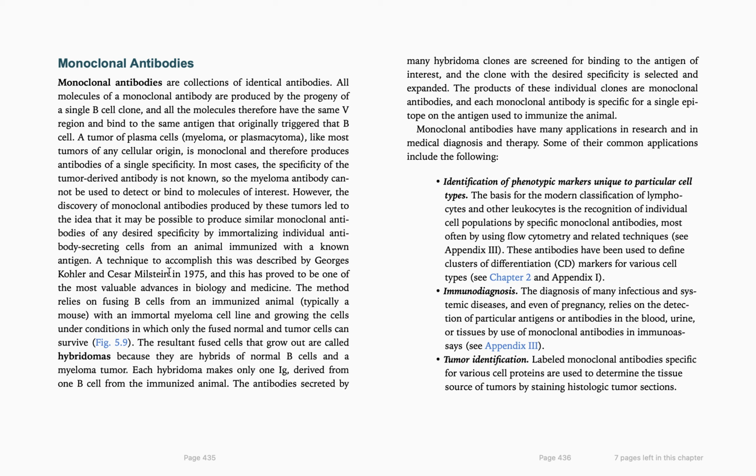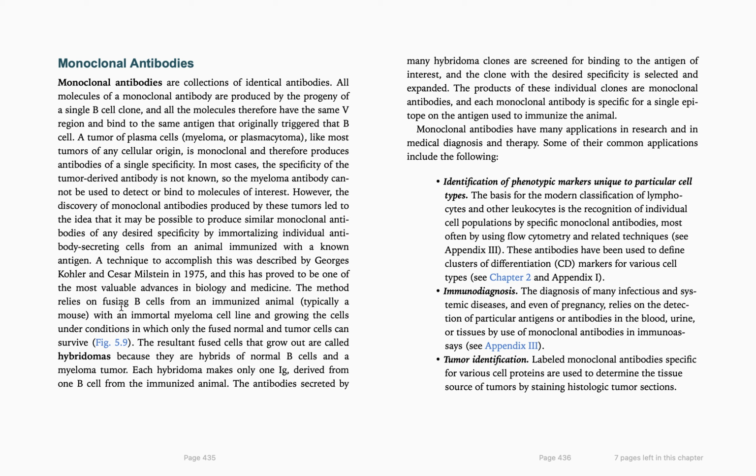antigen. A technique to accomplish this was described by Georges Köhler and César Milstein in 1975, and this has proved to be one of the most valuable advances in biology and medicine.